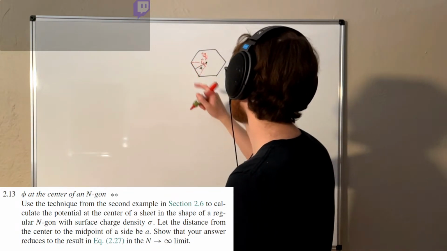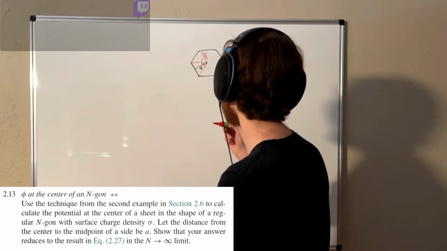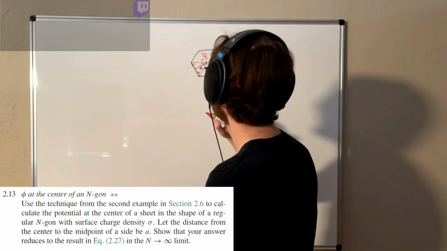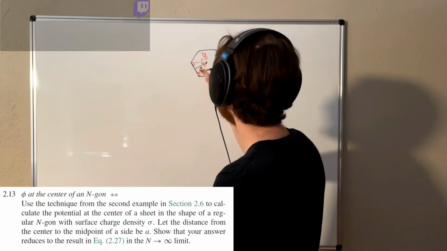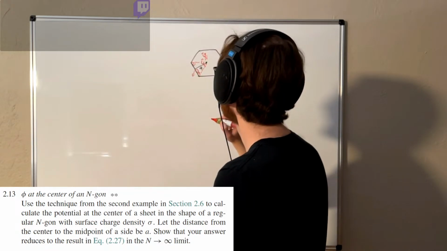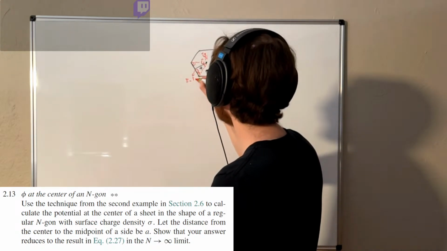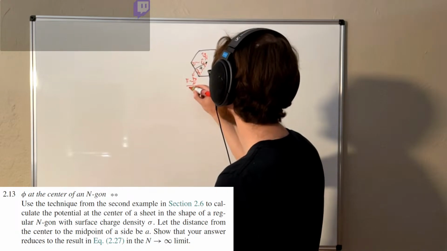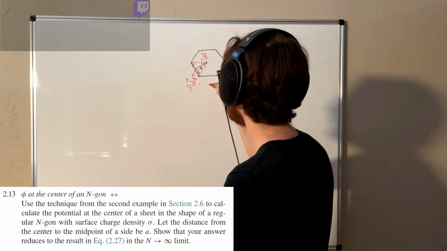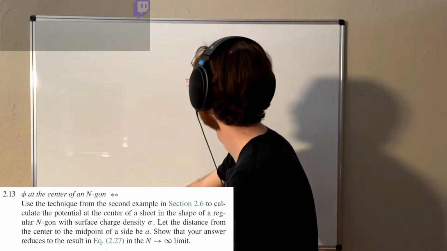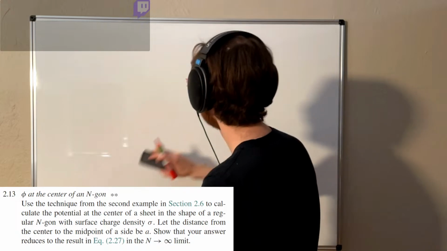Okay, so the base angles of an isosceles triangle are the same. Pi minus 2 pi over n, over 2, which equals pi over 2 minus pi over n.